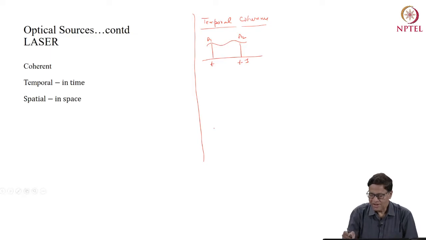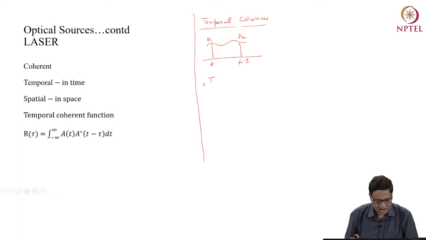So let us define a temporal coherence function as how this A1 and A2 are correlated. Temporal coherence function can be defined as R tau is equal to integral from minus infinity to infinity of A(t) into A conjugate (t minus tau) dt.